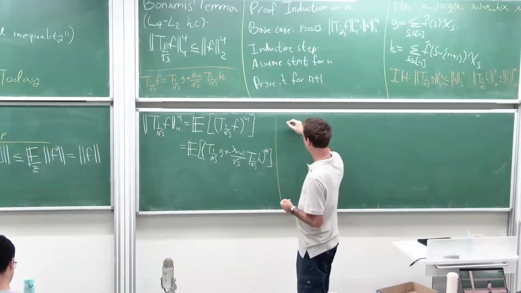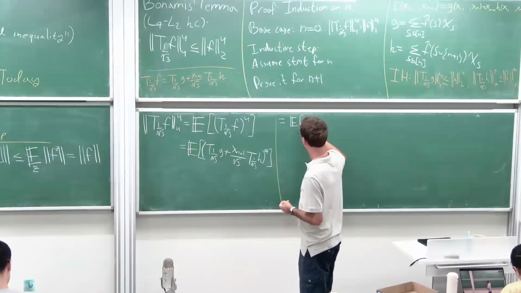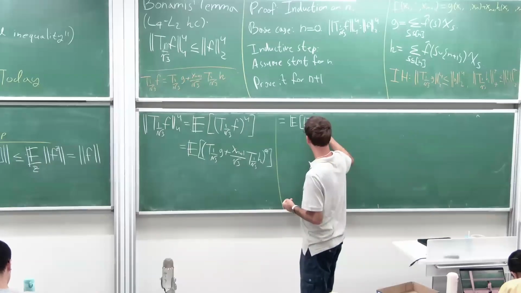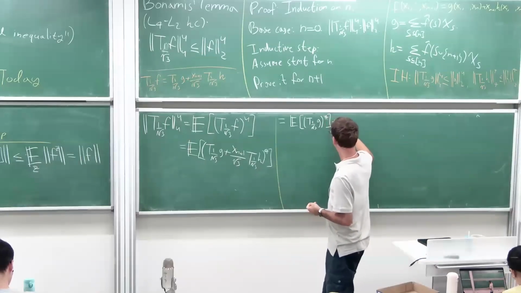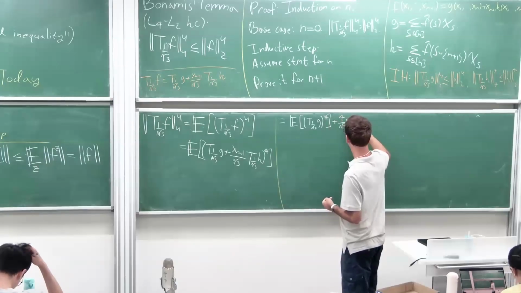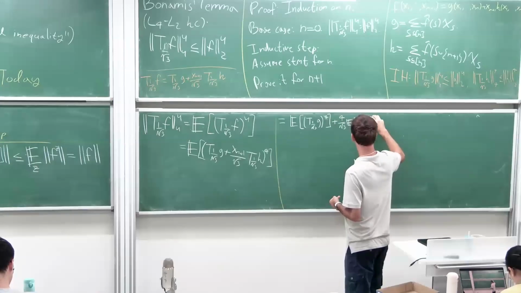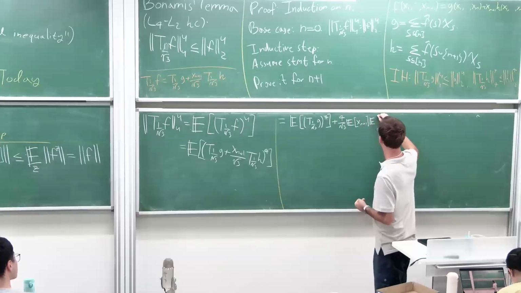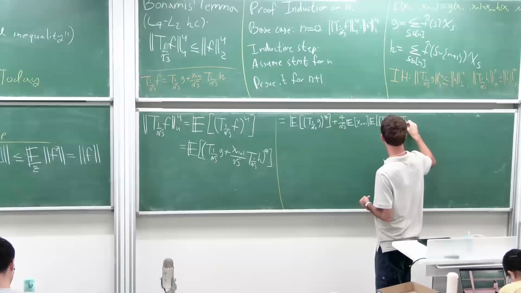So this will be equal to, this is the most difficult part of the proof, I actually have to write everything, the expectation of T_{1/√3} g to the power of 4, plus 4 over square root 3 times the expectation of x_{n+1} times the expectation of T_{1/√3} g to the power 3 times T_{1/√3} h.